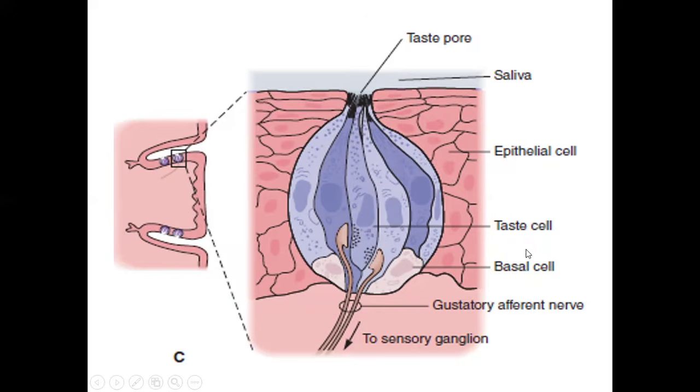There's an epithelial cell, taste cell, basal cell, and what we call the gustatory afferent nerve. There's also the sensory ganglion. This image shows a branch. These are grooves inside, which show areas where you can find taste buds: circumvallate, filiform, fungiform, etc. That's where you find these taste buds, and they are responsible for detecting the change to a stimulus.